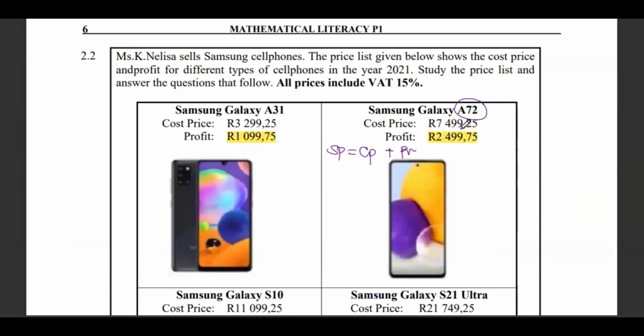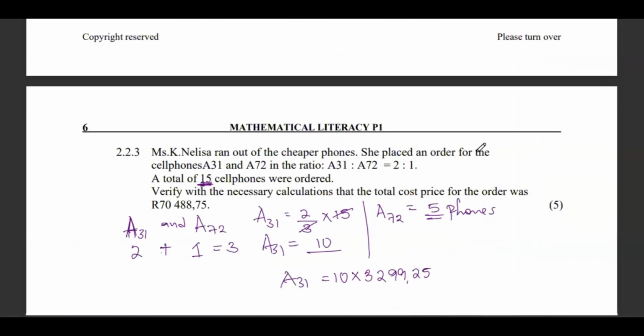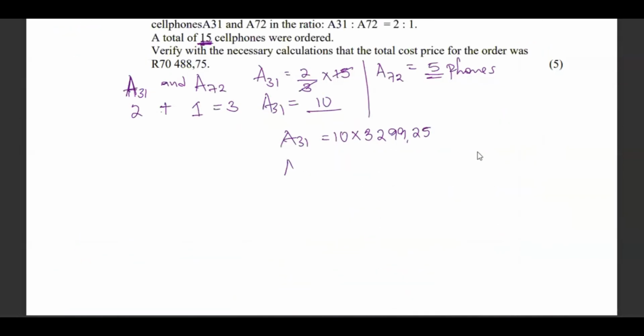Then the A72, the cost price is 7,499. So A72, it's 5 times 7,499 rands 25 cents. And we shall need to add them up.